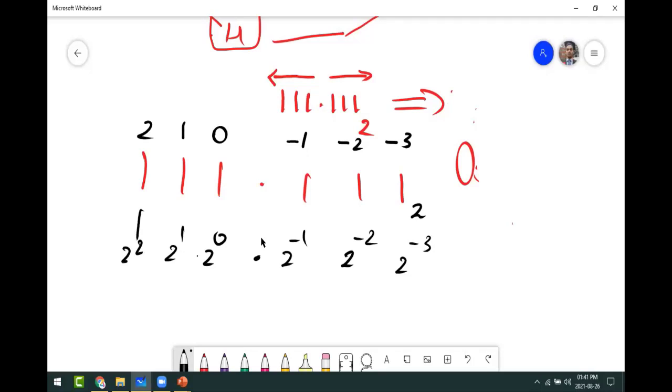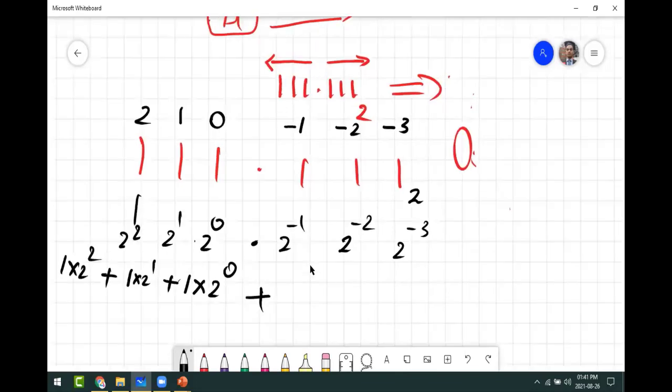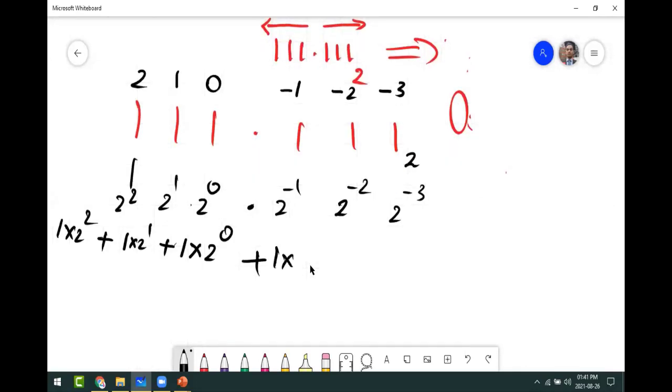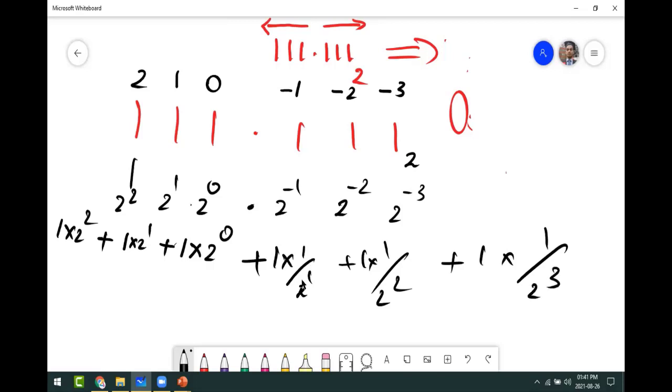Then here this one red color, 1 into 2 to the power 0 plus 1 into 2 to the power 1. Here also 1. So plus 1 into 2 to the power 2 plus 1 into 2 to the power -1, or 1 by 2 to the power 1 we can write. So plus 1 by 2 squared plus 1 into 1 by 2 to the power 3.